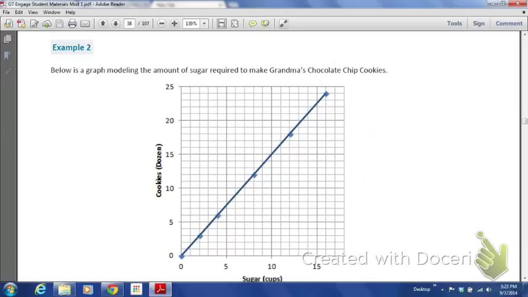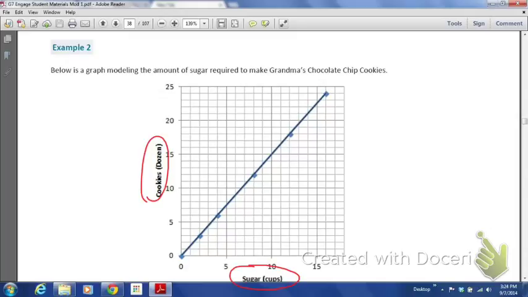Now example 2 is a little bit different because what they've done now is give you a graph to work with. And again, I didn't emphasize this before as I should have, but always remember to label your axes. So here I have cookies, dozen, flour, and cups.